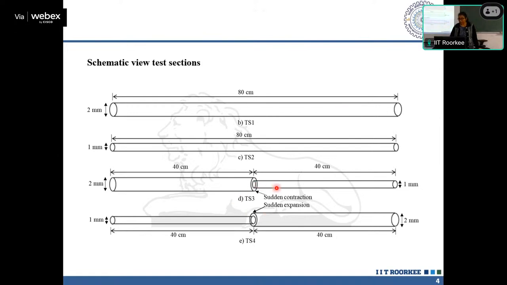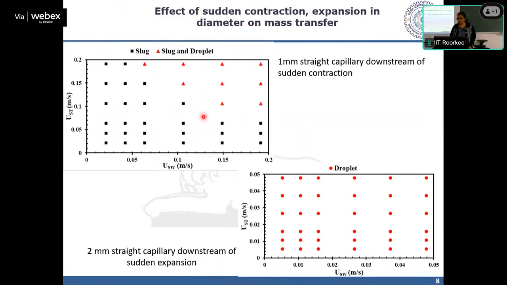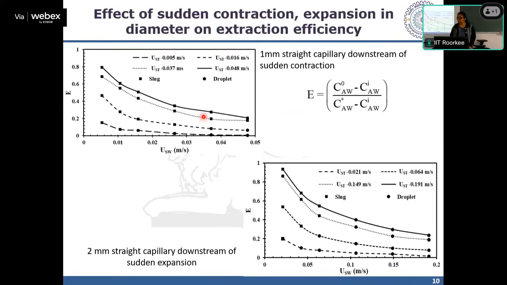So TS3 is this one, sudden contraction, and TS4 is sudden expansion. So both the changes of area somehow contributed to enhancement of the extraction efficiency. But the highest efficiency is for this and the lowest is for this. Now let us understand why this happens and how we can optimize or what type of geometry to choose.